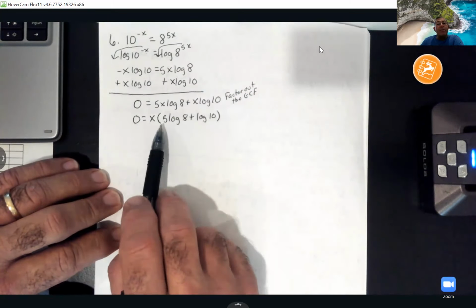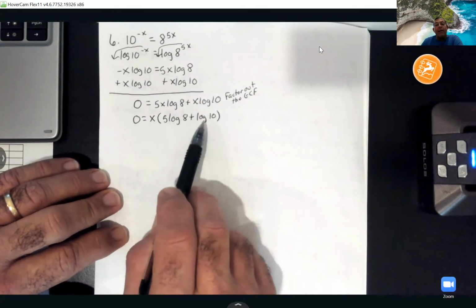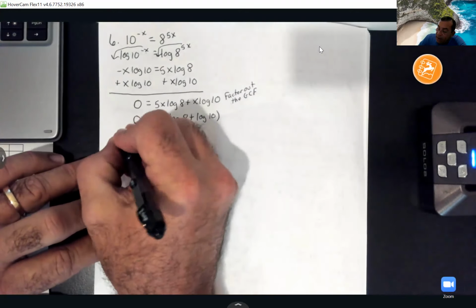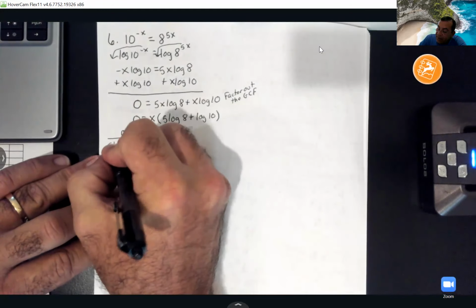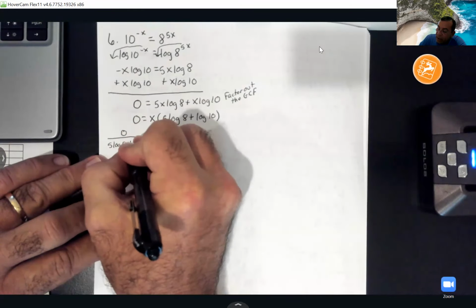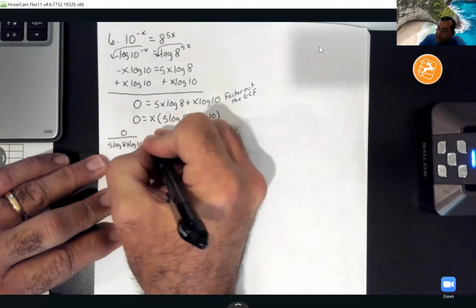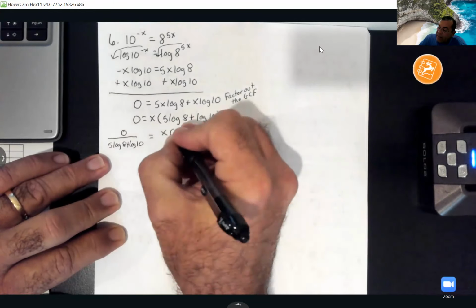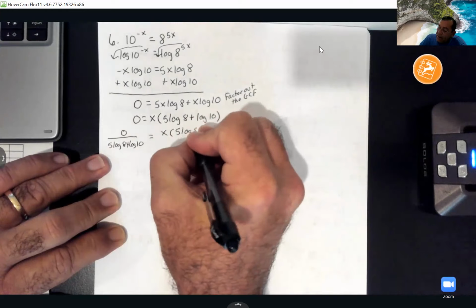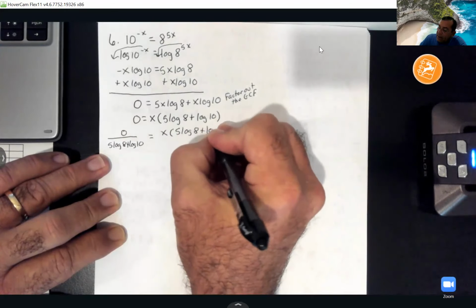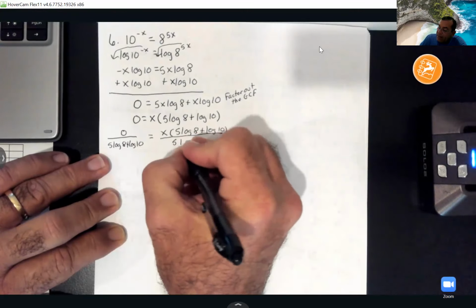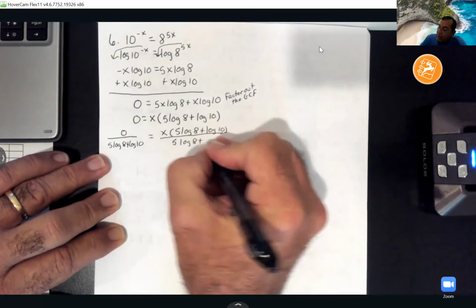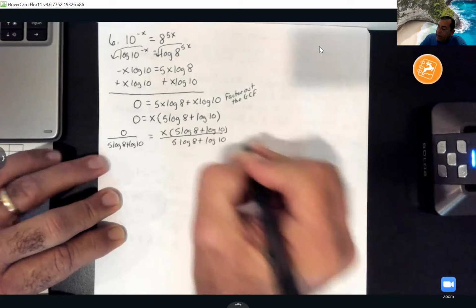I'm going to divide both sides by 5 log 8 plus log 10. So my 0 will be divided by 5 log 8 plus log 10. That's going to equal the right side, divided by the 5 log 8 plus log 10.